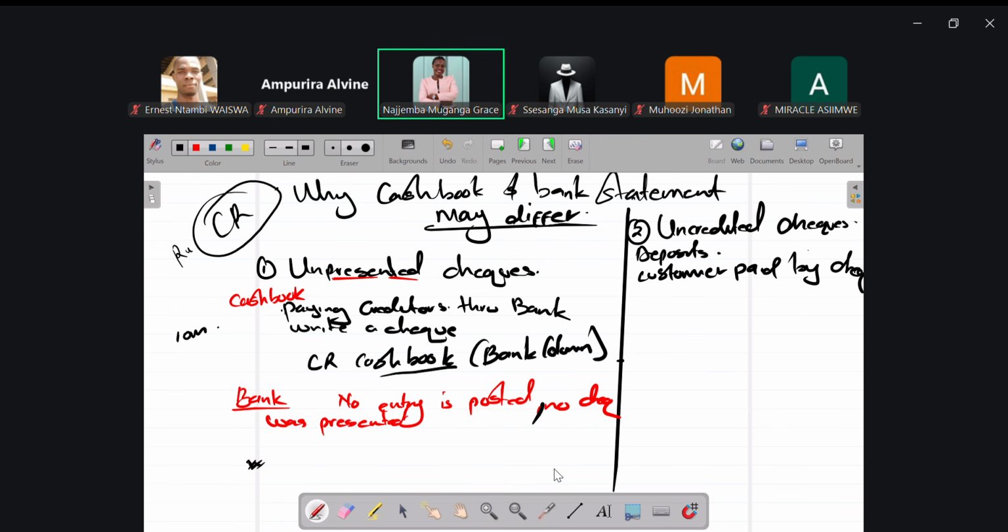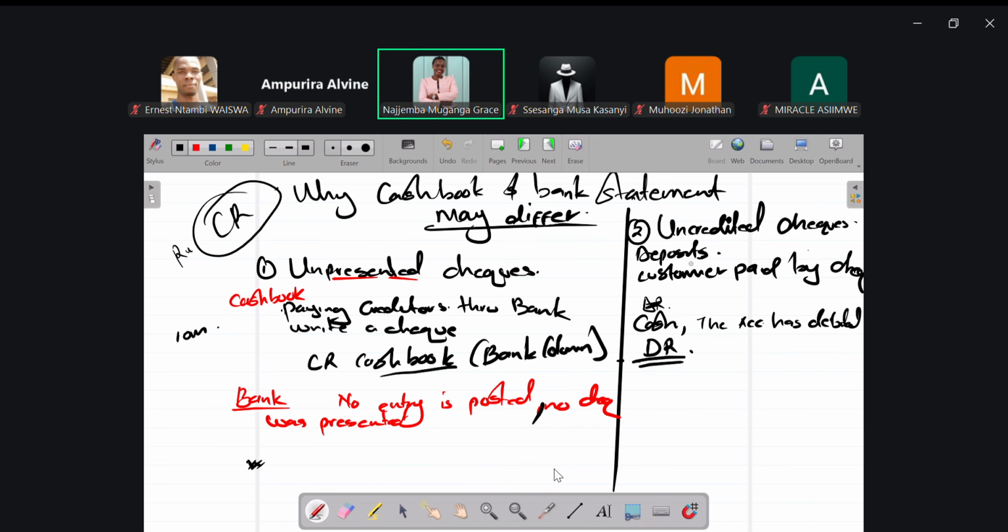So that means in the cash book, the accountant has debited. The accountant is showing that they have received the money and therefore they have debited.